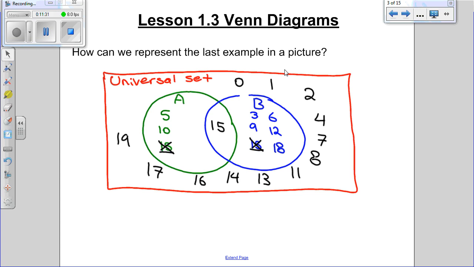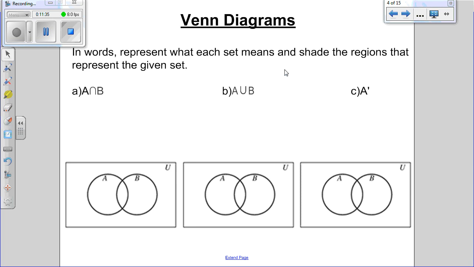Alright, we're going to do some shading, and we're also going to discuss things in words as a way to remind ourselves what things are. So, in words, represent what each set means, and then shade the region that represents that set.